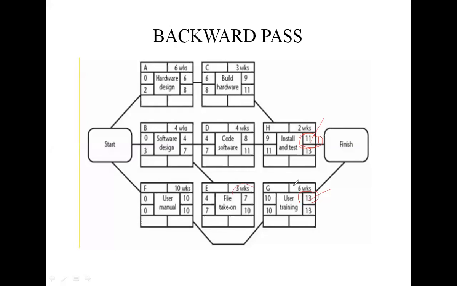So the latest start date for activity G is 13 minus 3, that is equal to 10.